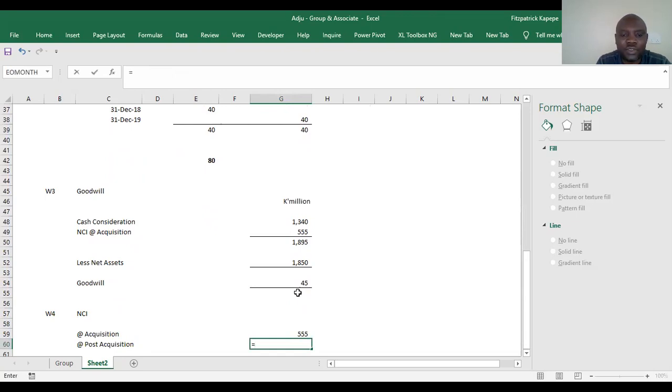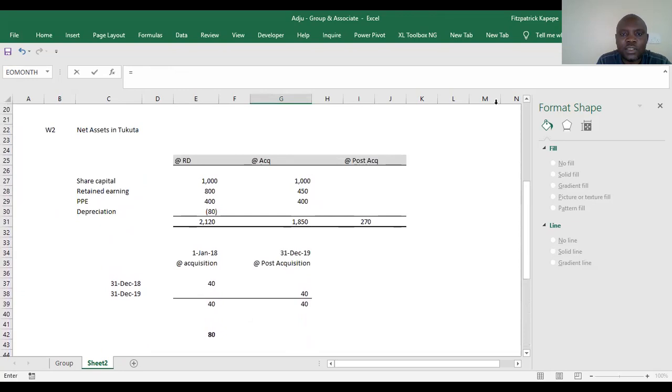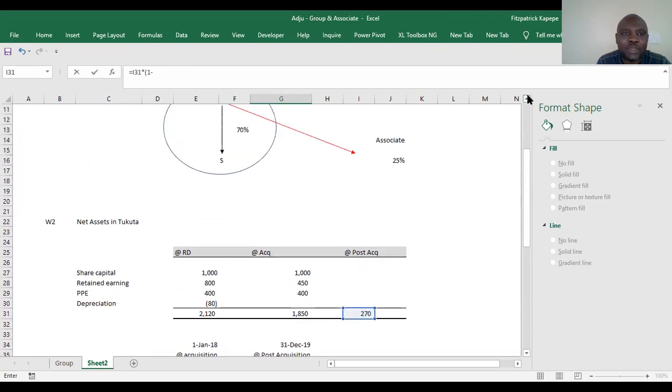Then you go to post-acquisition, which will certainly be the 270 times 1 minus the 70%.